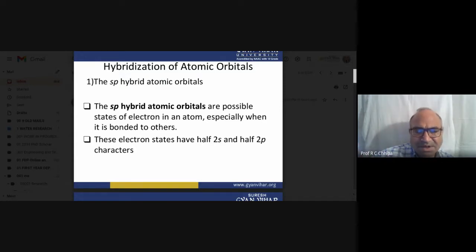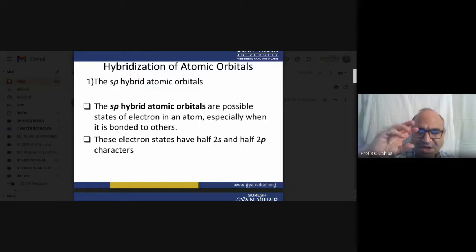So now what happened? Their shape is also disturbed. As per the atomic orbital definition, it is the space where there is maximum probability of finding an electron. So in a dumbbell shape on the x-axis, the two lobes of the px atomic orbital are present.